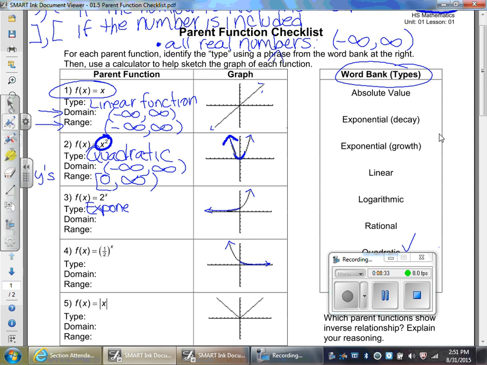Now, if you had to pick one for growth and one for decay, Leisha, what would you say is growth? Well, both of them are going up. But remember, we will read them from left to right. So follow the marker.